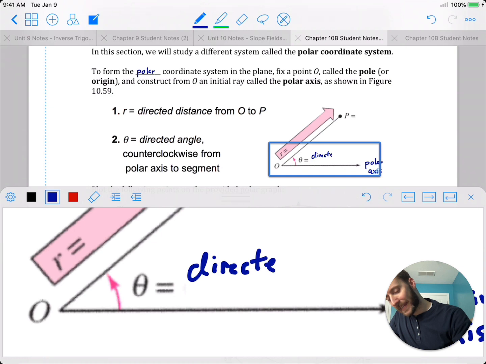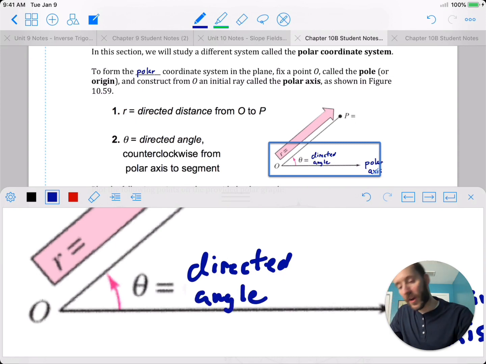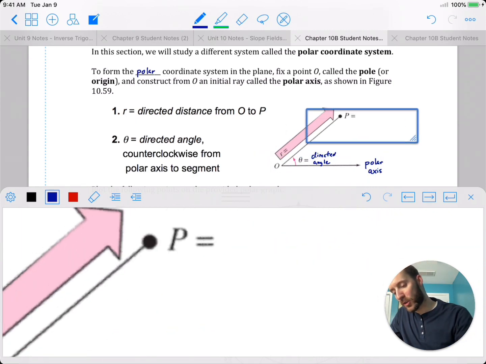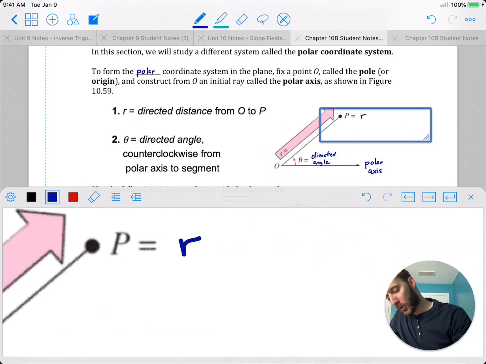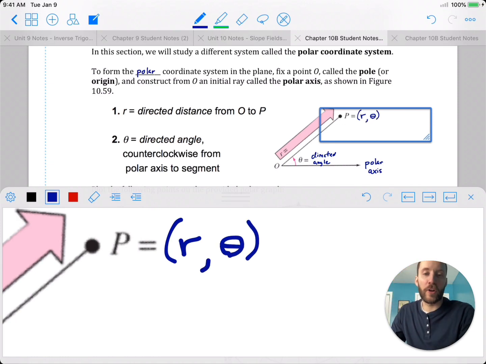So it's directed. It tells you which way. It can be positive or negative. And then you have r, a directed distance from your origin to your point. So your point is (r, theta). r is how far you're going, theta is what direction you're going that far.